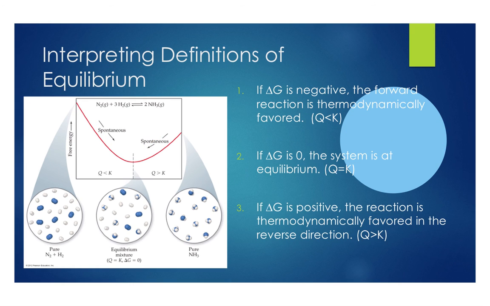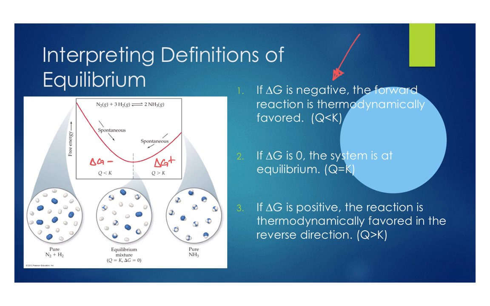Okay. So if we then take those definitions of equilibrium and we interpret them a little bit, that then means that if delta G is negative, the forward reaction is thermodynamically favored. Okay, so over here we have delta G is negative. If delta G is positive, the reverse reaction is thermodynamically favored. Okay.